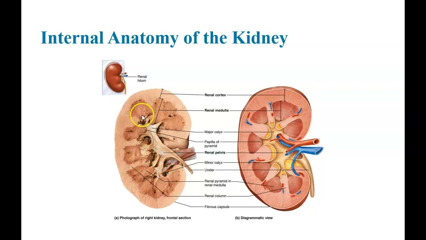When that filtrate is filtered and then it makes its way to the inner regions of the kidney, at that point it turns into urine, and then it'll collect through these major and minor calyces, and then into this renal pelvis, where it then goes into the ureter.